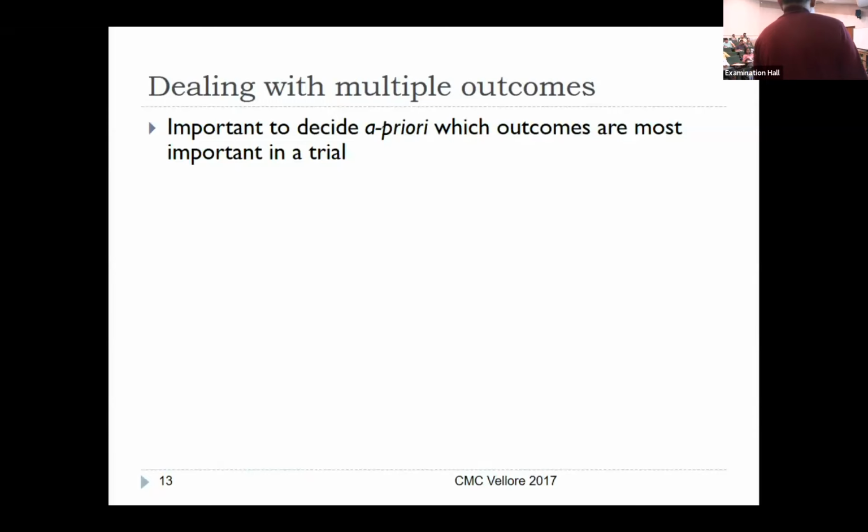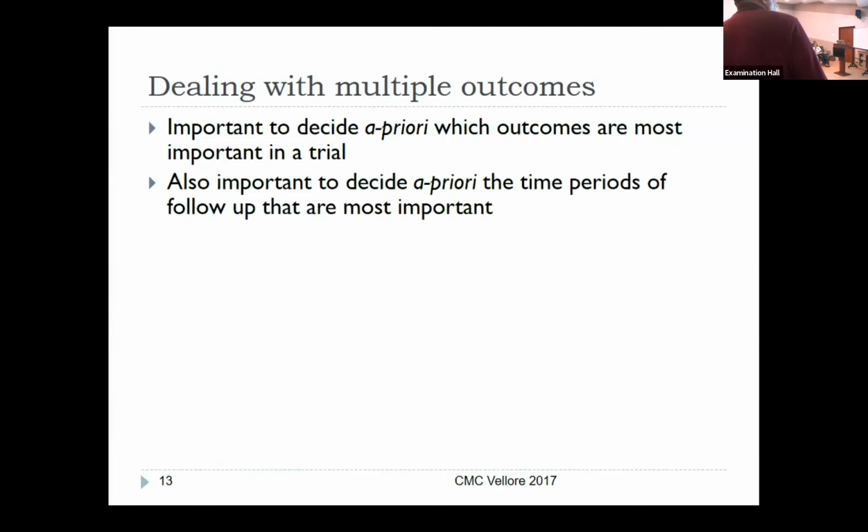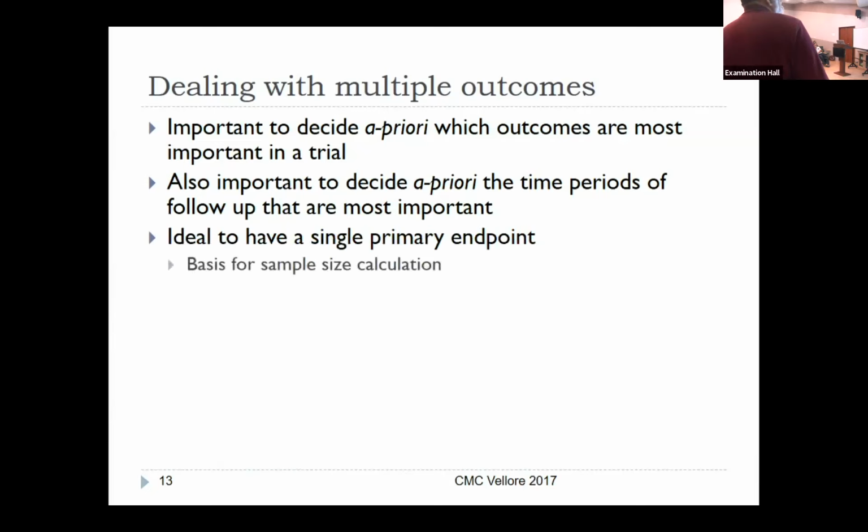So if you have multiple outcomes, decide a priori which outcomes are most important. Decide a priori the time period of follow-up if you're going to have multiple time periods. It's ideal to have a single one, because that's the one you're going to do the sample size calculation for. Then all other outcomes are secondary.